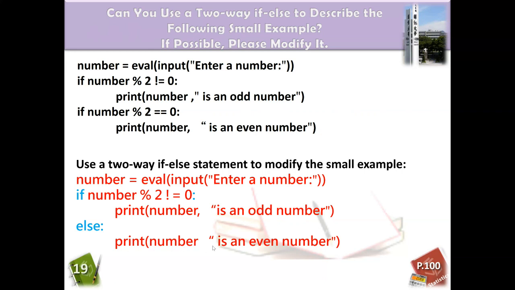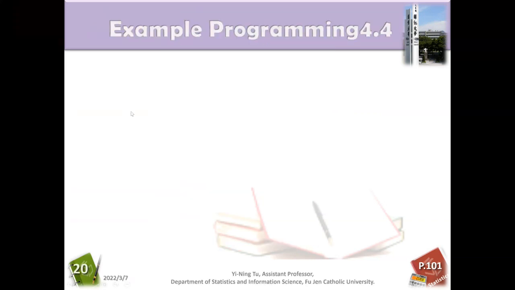Otherwise, we will print the number is an even number. So we just use the else. So remember the difference: for if we have to give a Boolean expression, but for else you do not have to, because else means if the situation does not satisfy the first if statement, then you would directly go to the else part.